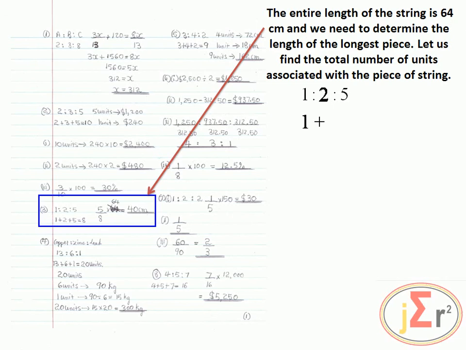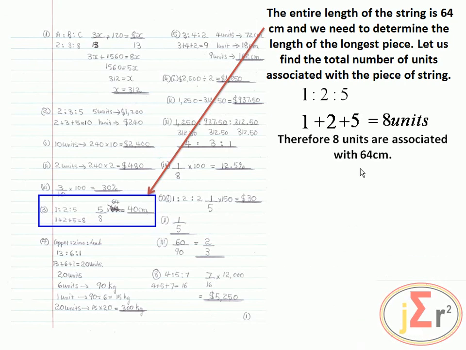That's a good way forward, considering that the entire length is given to us. 1 plus 2 plus 5 is equal to 8 units. Therefore, 8 units are associated with 64 centimeters.